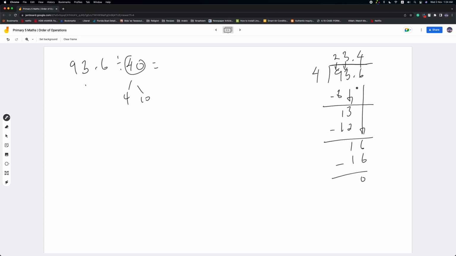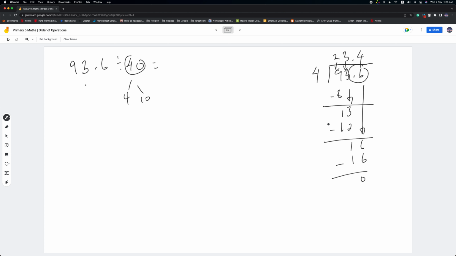When do you need to add a zero? When they ask you to leave your answer in certain decimal places, then you need to add zeros behind, and that's where it gets confusing. If I tell you 1 digit, then you put 1 digit.